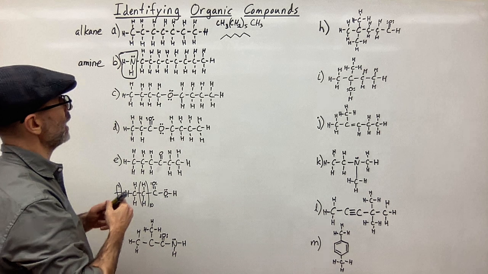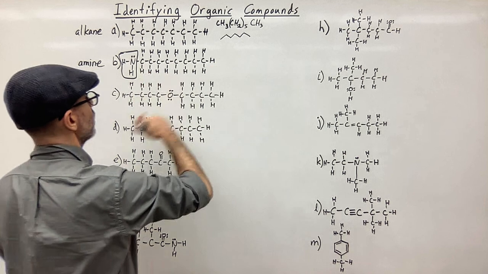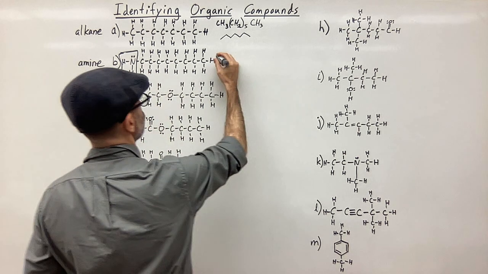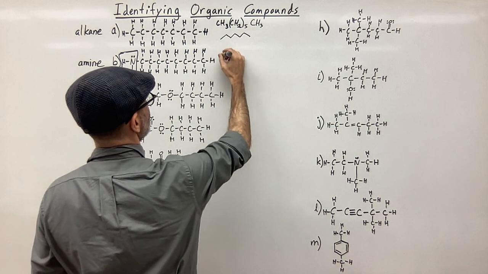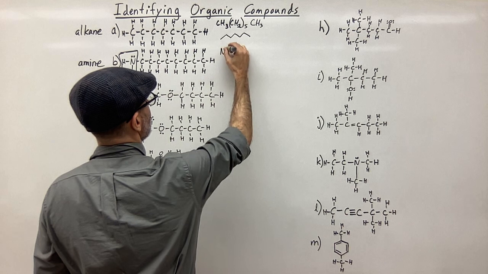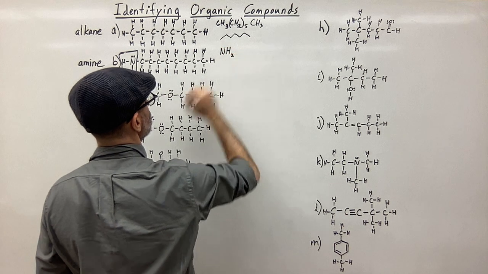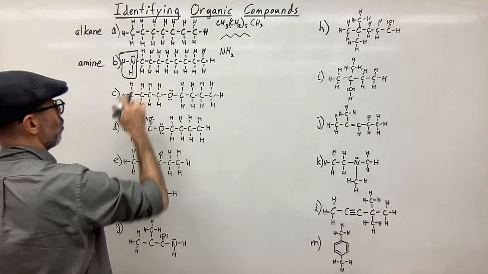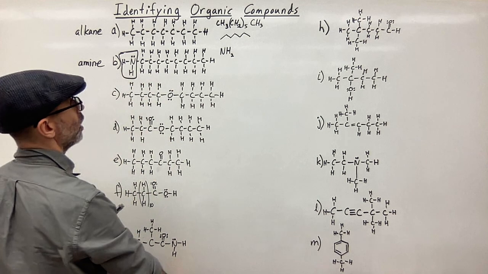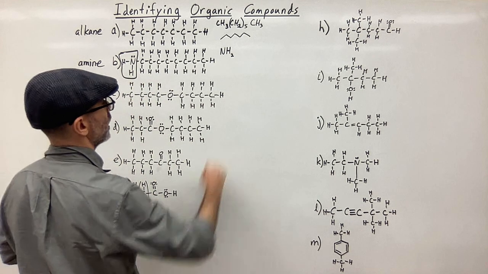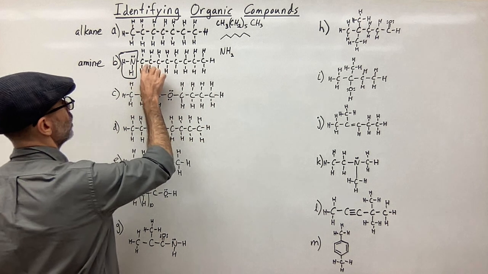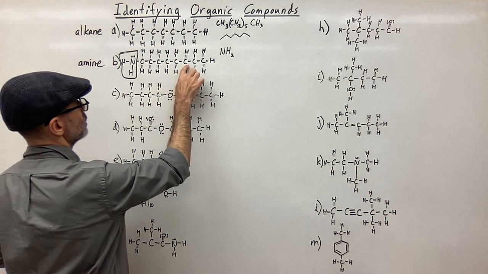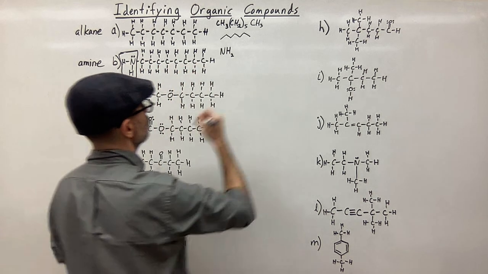Again, we would draw the same thing. So this would be condensed NH2, and then you have 1, 2, 3, 4, 5, 6, 7 CH2s.